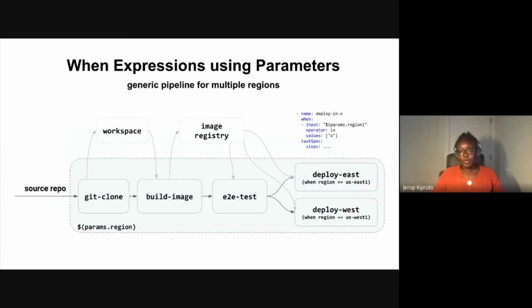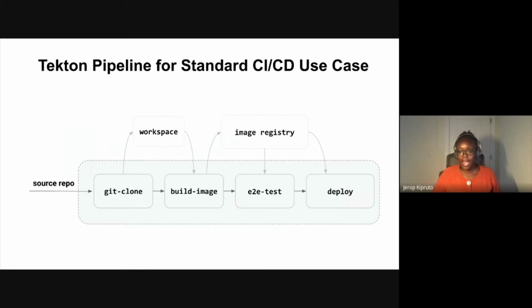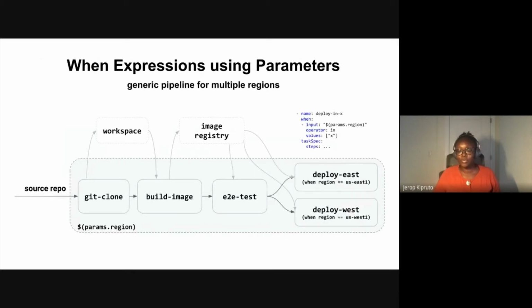What we provide in Tekton is the when expression, and particularly we look at how it uses parameters in this use case to enable us to create a generic pipeline to be used for multiple regions. In the previous example, it was just deploying to one region, but here we could be in a situation where we want to deploy to a couple of regions.